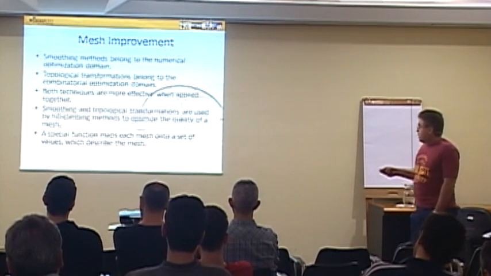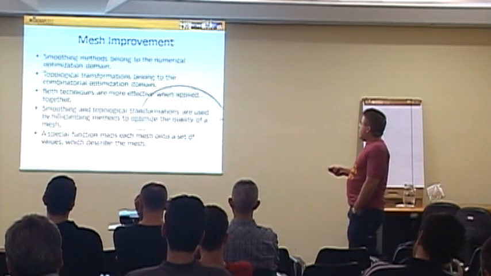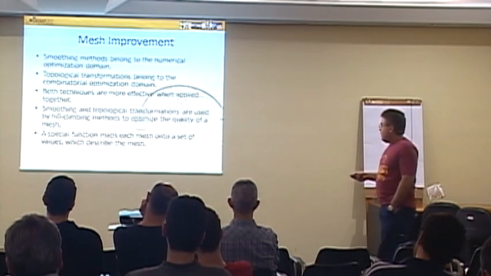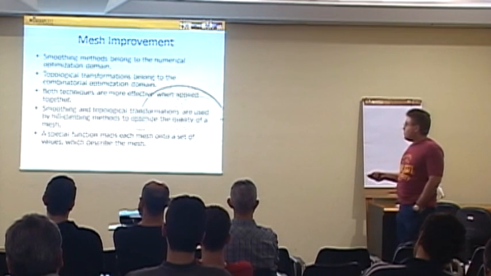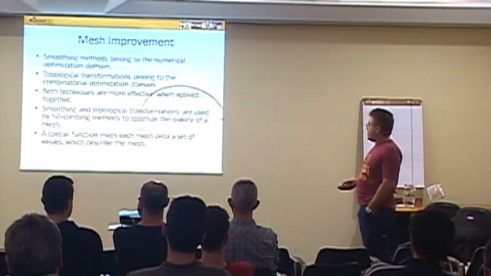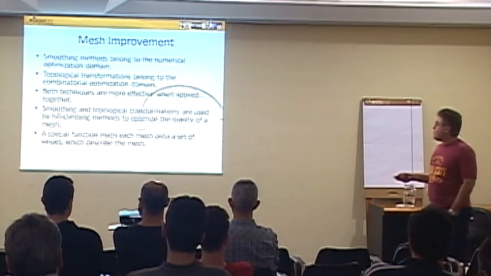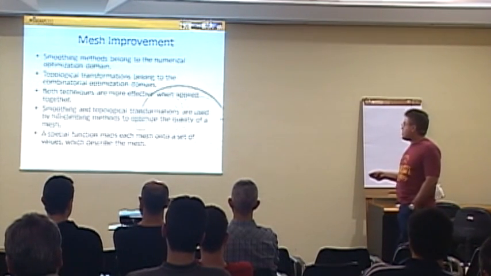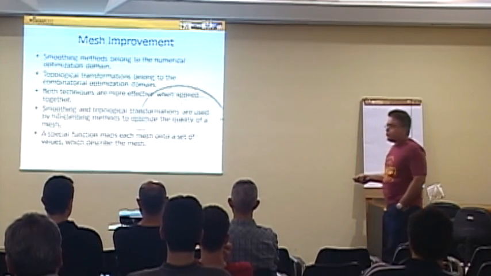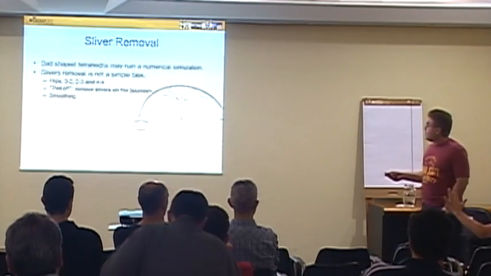In general, we apply both techniques together. And we also have implemented a hill climbing method to optimize the quality of the mesh. In this case, we have to have a function to map each mesh onto a set of values which will describe the quality of the mesh.